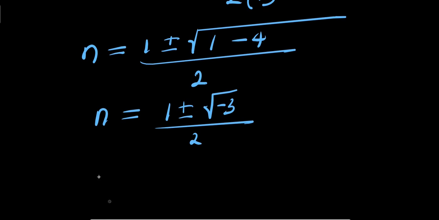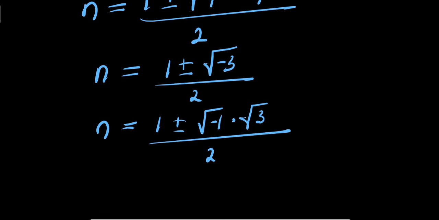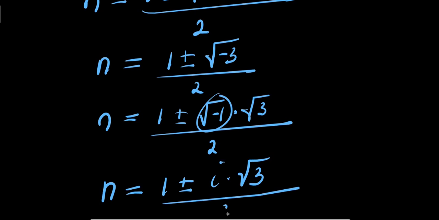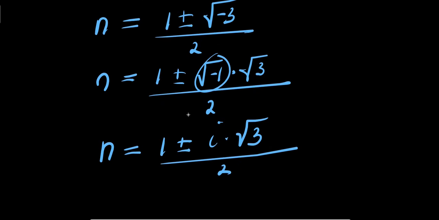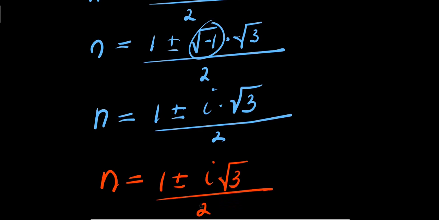So n equals 1 plus or minus, there's minus here, square root of negative 1 times square root of 3, divided by 2. So square root of negative 1 is i, times square root of 3, divided by 2. So at this particular point, you have n equals 1 plus or minus i root 3, divided by 2.